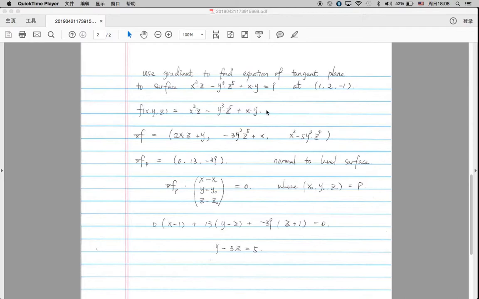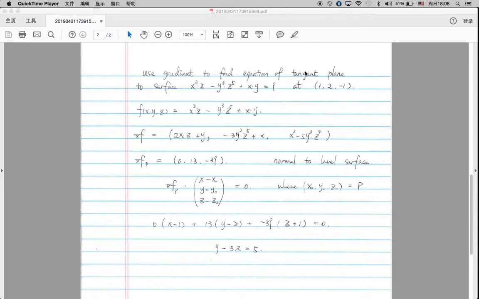Taking the derivative of this function with three variables, with respect to x, y, and z, we get the gradient. At the point P, we plug in 1, 2, and -1 into this gradient, and we get the gradient of this function at P. It's (0, 13, -39).